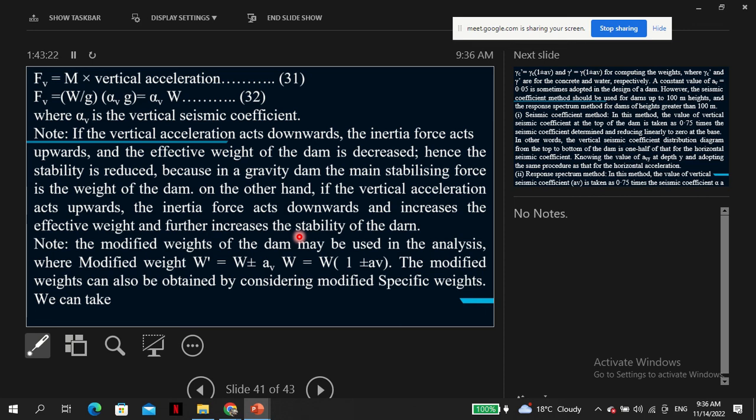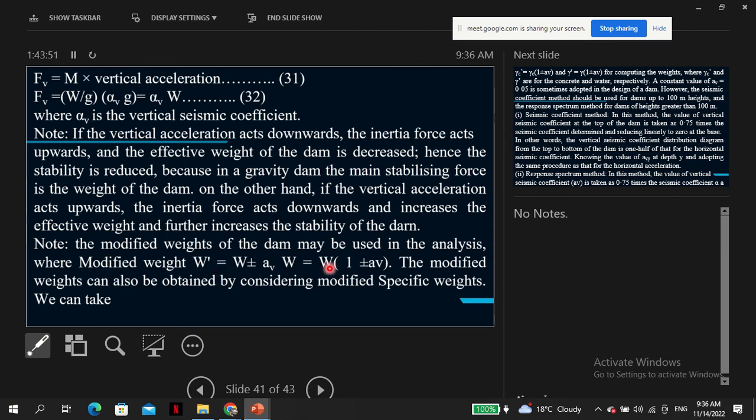It acts like some additional weight, so the dam is firmly on the ground. Otherwise, if the inertia is acting opposite to the direction of gravity, it lessens the effective weight of the dam, and therefore there is a stability issue. So that would not cause us any problems.